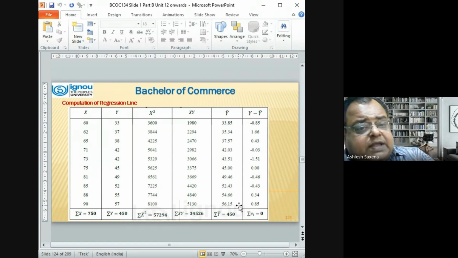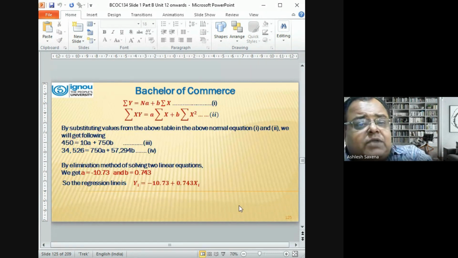After calculating these four columns, we have to substitute the values over here. Summation y is equal to na plus b times summation x. And the second equation, this is what you have to remember: summation xy is equal to a times summation x plus b summation x square. Substitute the values. You will get 450 is equal to 10a plus 750b. And the second equation will be 34,526 is equal to 750a plus 557,294b.